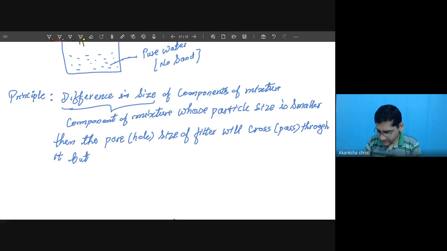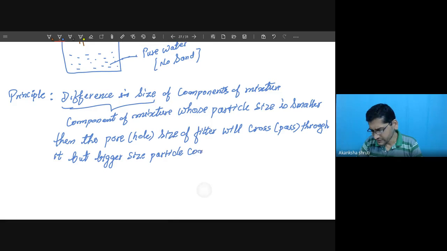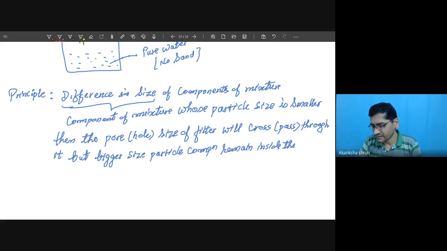But the bigger size particle will remain collected in the filter paper, on one side of the filter paper.